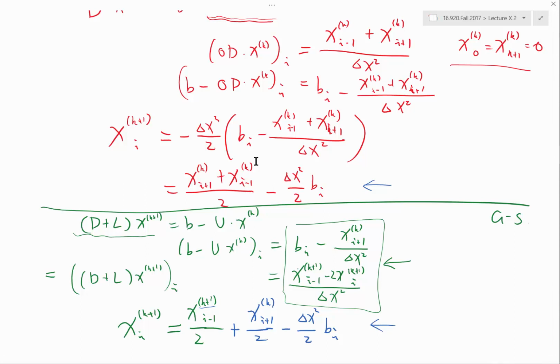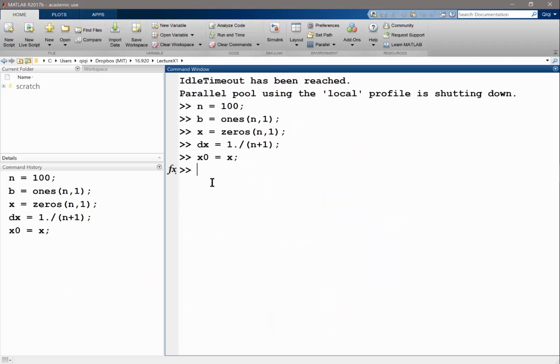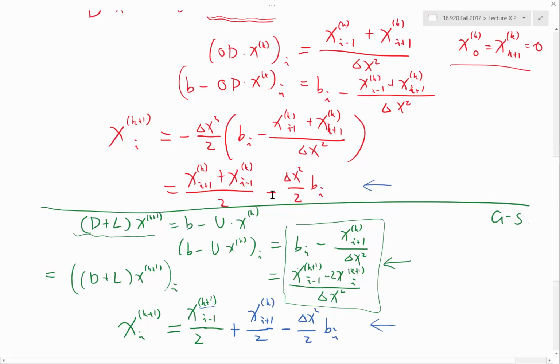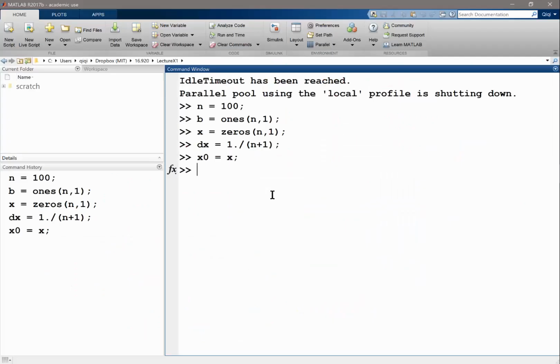So in memory, I'm going to say x is xk plus 1 and x0 is my xk. Let's just do one iteration to get started.